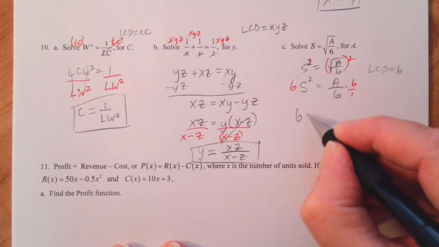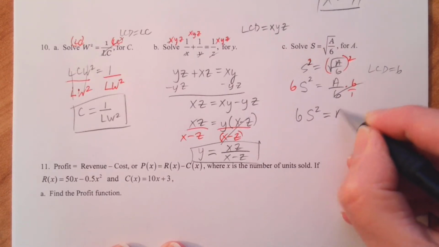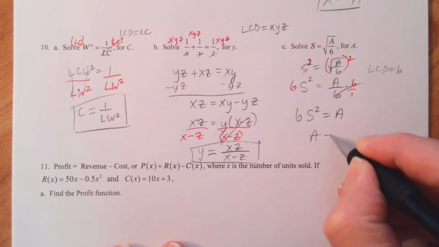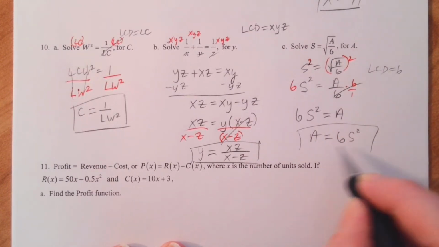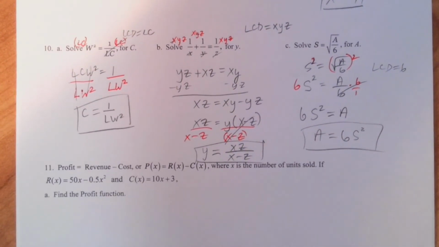You're going to end up with 6s squared is equal to a. Or a equals 6s squared. All right, so we've solved for a. Let's move on to number 11.